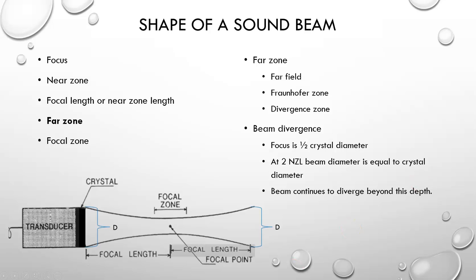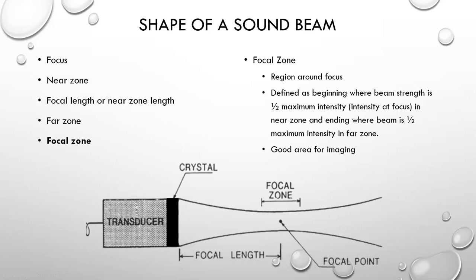There is an area around the focus known as the focal zone, and the focal zone is defined as beginning where the beam strength is 1/2 the intensity of the maximum strength. So the maximum intensity for ARDMS purposes is at the focus.